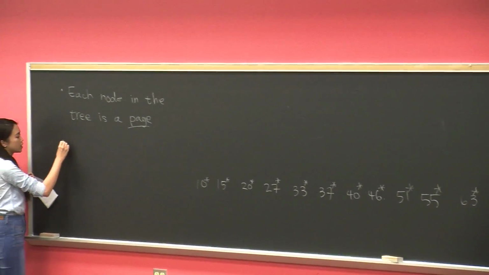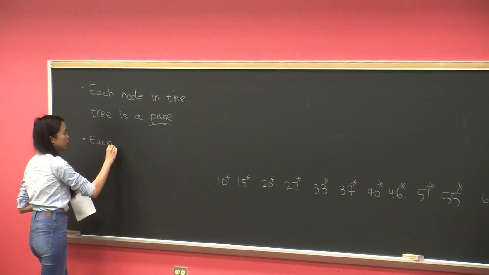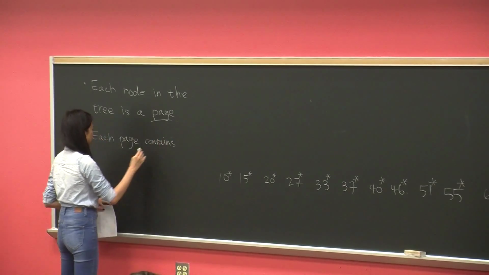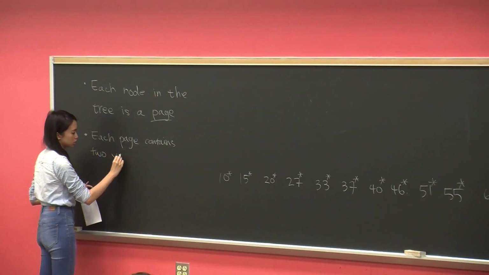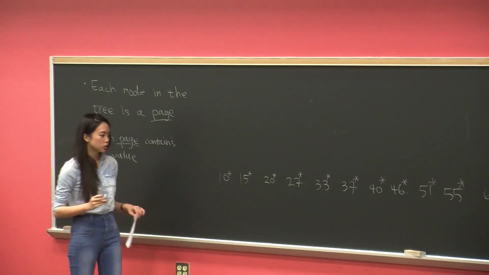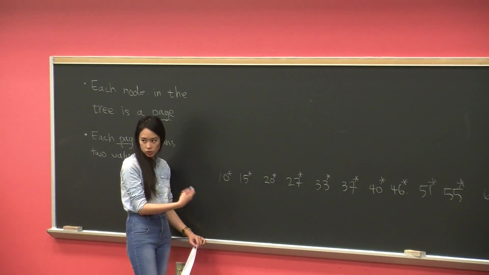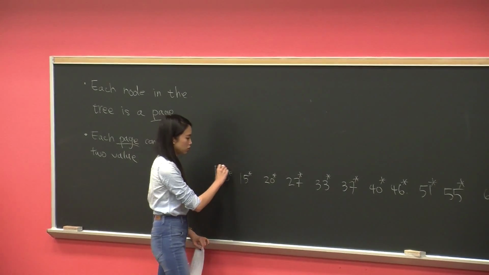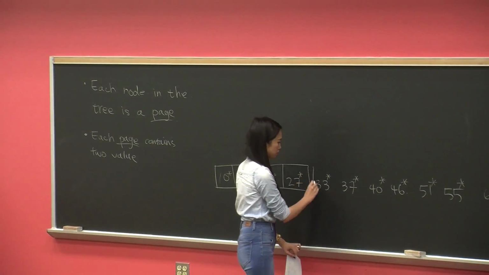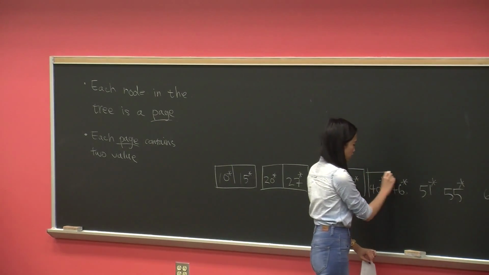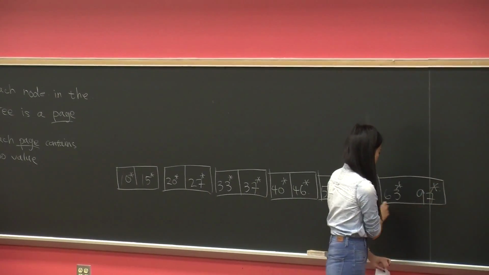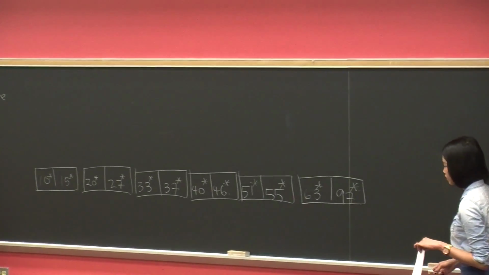The assumption made here is each page contains 2 values, so the page capacity is 2. Because we want to construct nodes bottom up, we pair them up 2, 2 together. That's how we pair them up.